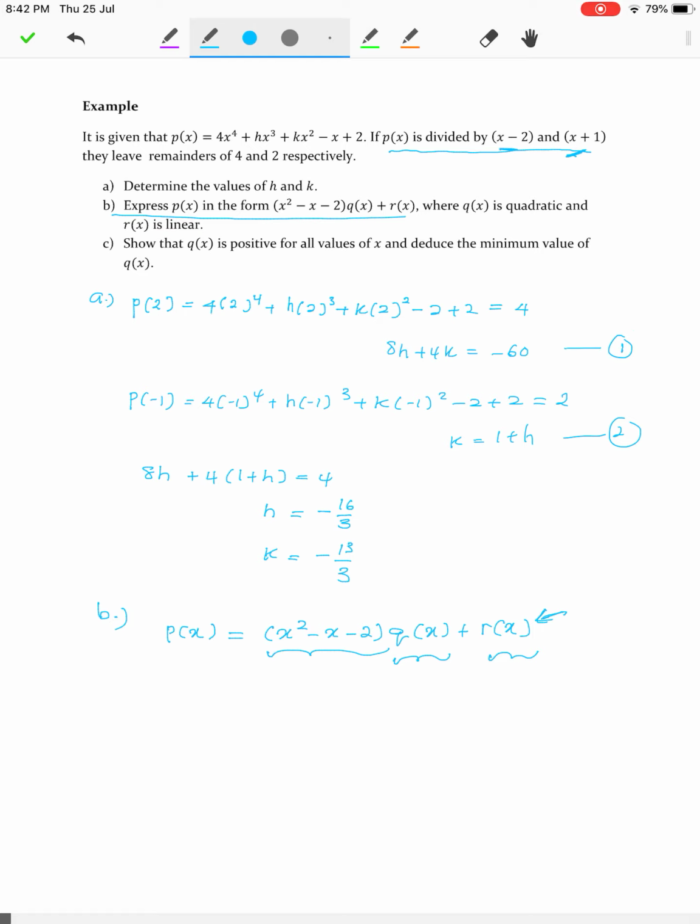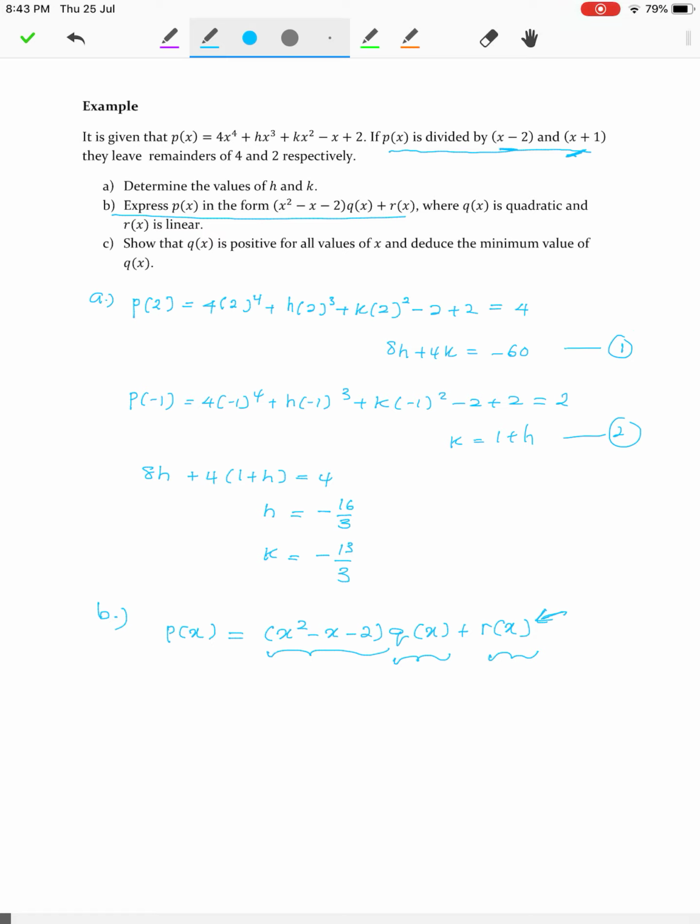Because of that, you should try long division, because when you talk about quotient and remainders, you should be able to relate back to what you have done in class, which is long division. Long division produces a quotient. If the divisor, which in this case is x^2 - x - 2, is a factor, then you don't have the r. If it is not, then it will produce the r.